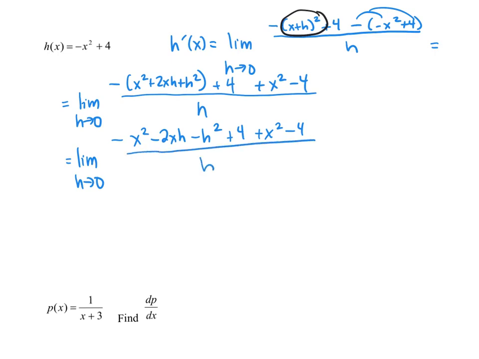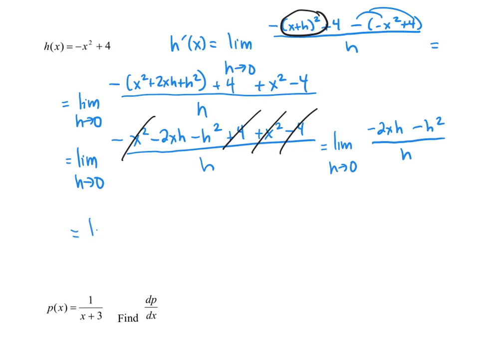Now, for our derivatives, we're going to do it the long process. If lots of things don't cancel out, we're going to be in trouble. But you can hopefully see that lots of things do cancel out, just like they did before. So h prime is going to be the limit as h goes to 0 of negative 2xh minus h squared, all over h. Hey, but nice news.